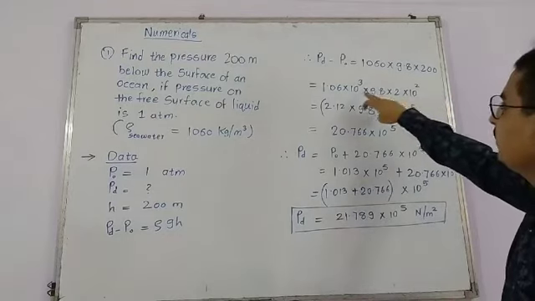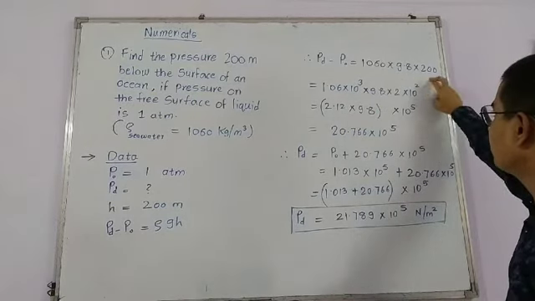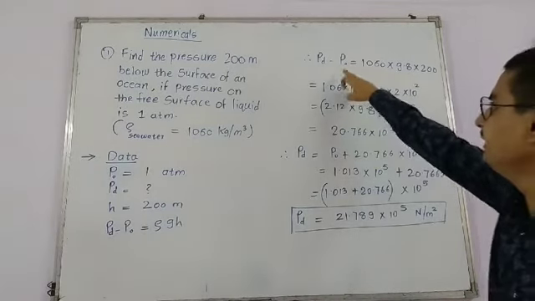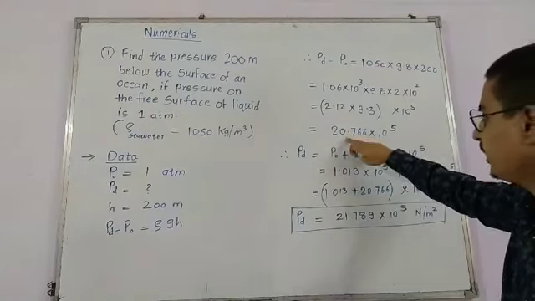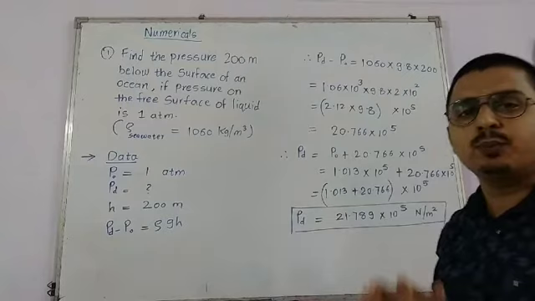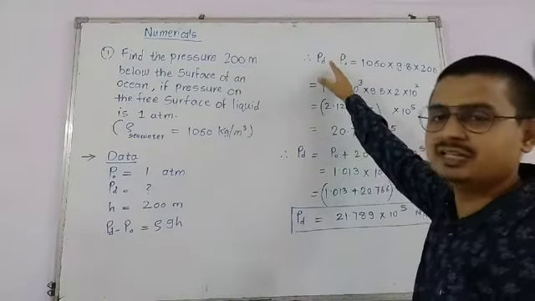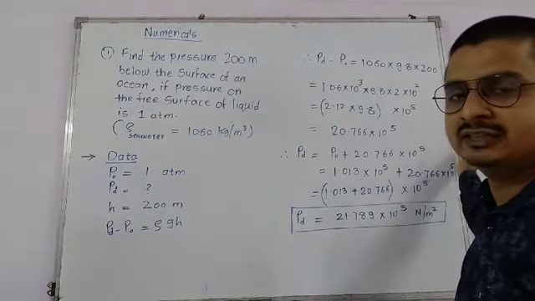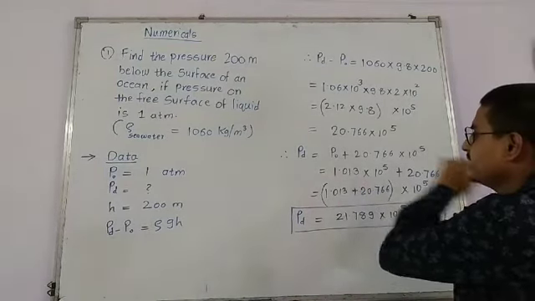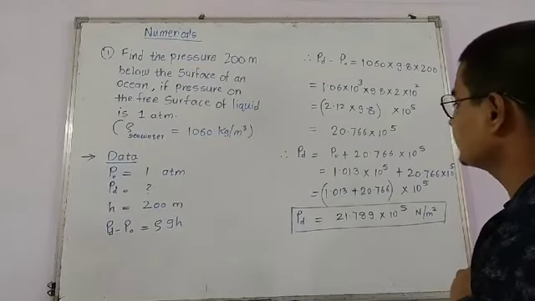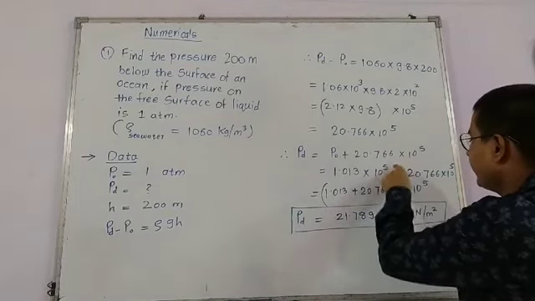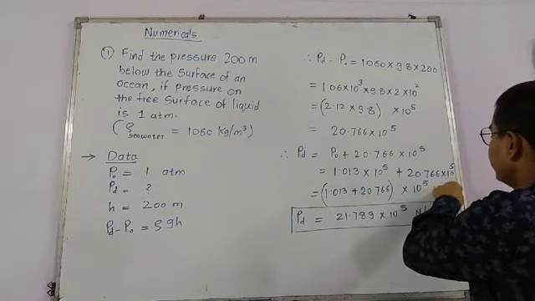If we take the common 10 power 3 and 10 power 2 from the respective values, we come to the equivalent value that PD minus P0 equal to 20.766 into 10 power 5. ये जो PD minus P0 है, that minus P0 will go to the right hand side of the equation and will be added. तो यहाँ पे P0 add हो जाएगा, that is 1.013 into 10 power 5 plus 20.766 into 10 power 5.